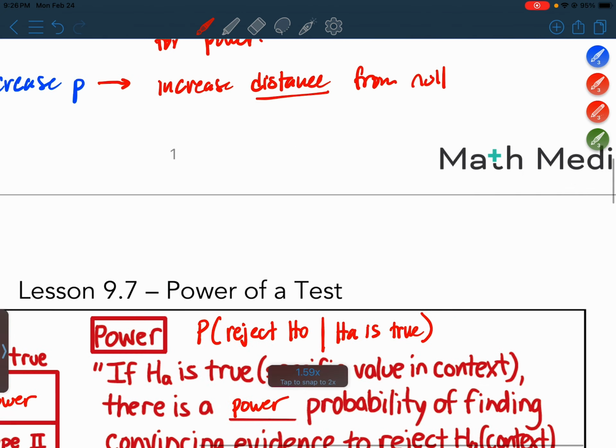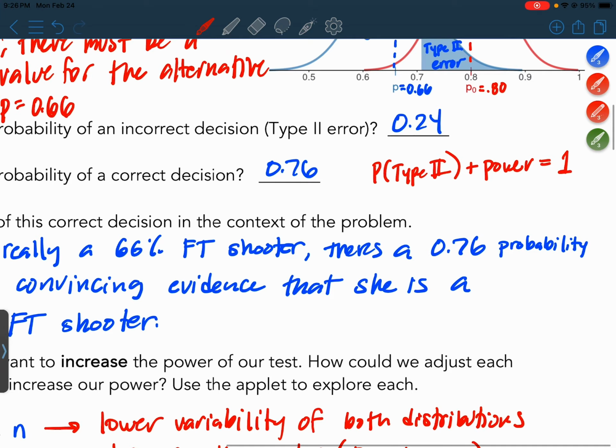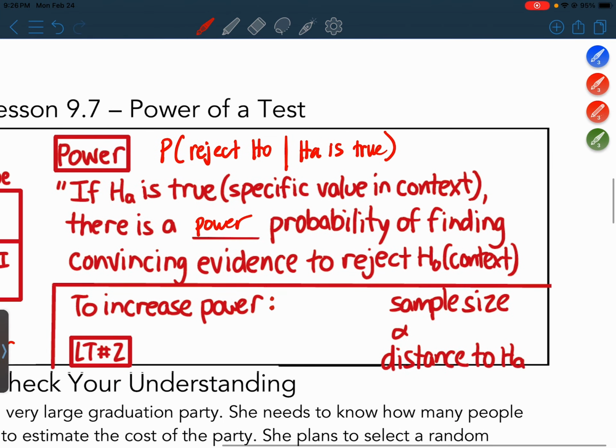I think the power on page 1 was 0.76. So we could say, if Mrs. Gallus is only a 66% shooter, there's a 0.76 probability of finding evidence to reject the null hypothesis, meaning to reject the claim that she's an 80% shooter.